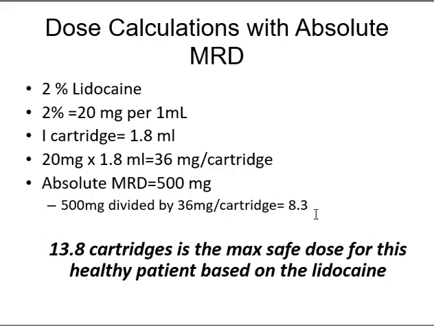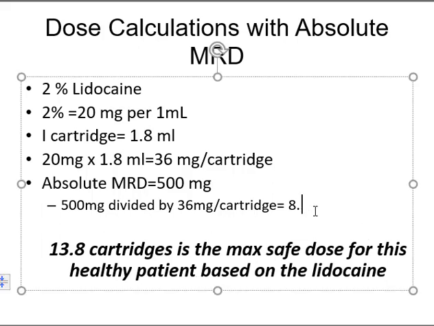The milligrams cancel out, and you end up with 13.8 cartridges that you are allowed, which is the maximum safe dose for this healthy patient. We're going to say the patient weighs about 170 pounds, right? Because 170 pounds, we use the absolute MRD. So 13.8 cartridges is the maximum safe dose for this healthy patient based on the lidocaine.